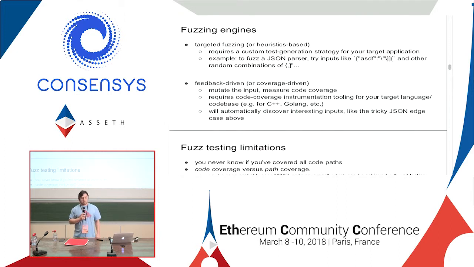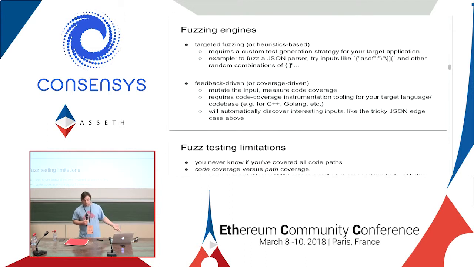Then the other way is coverage driven. So you instrument the code base. The first coverage-driven fuzz tester, AFL, was a big advance, because prior to that, the fuzz testers that found the most bugs were the ones that had the most clever heuristics for generating these test cases.